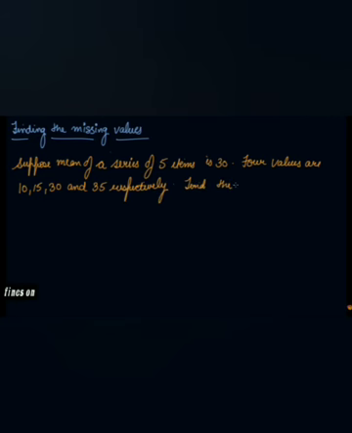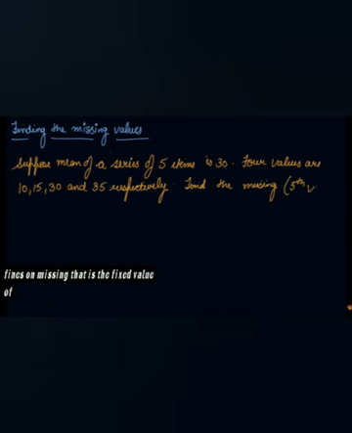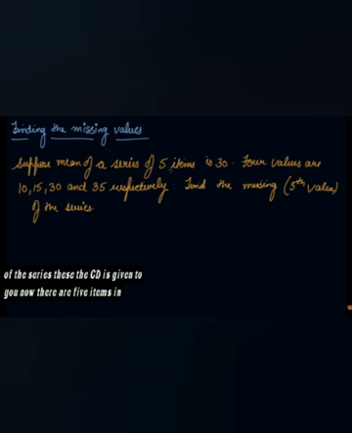Find the missing value, that is the 5th value of the series. See, the series is given to you. There are 5 items in the series, but only 4 items are given to you, and the mean of the series is given as 30. So how to find out the missing value?